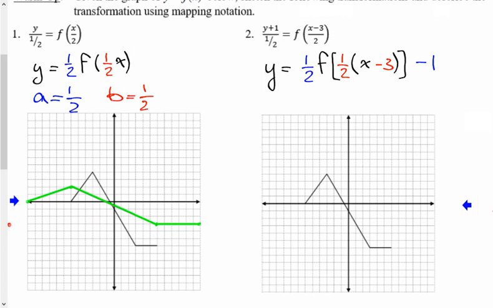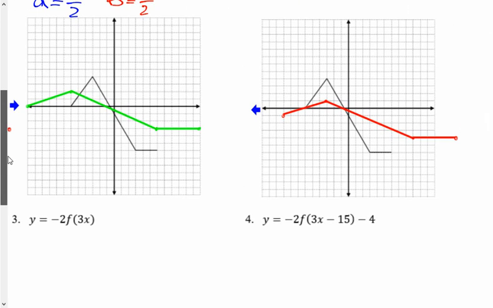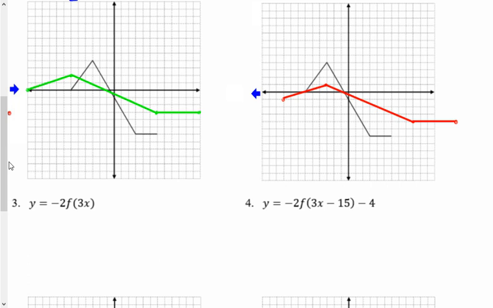So my graph should have that same shape, but compared to the green one, it's down 1 and 3 to the right. Any questions with number 2?